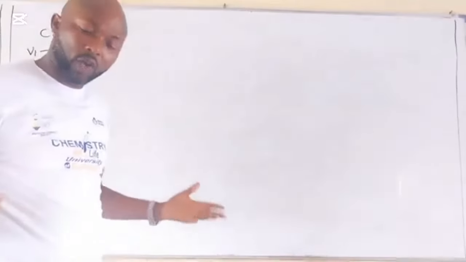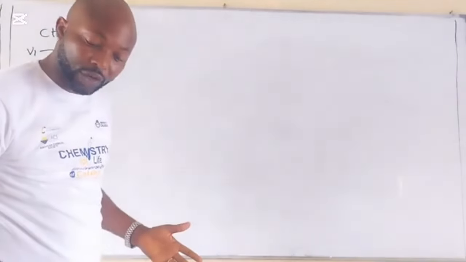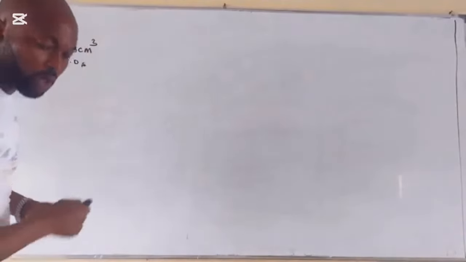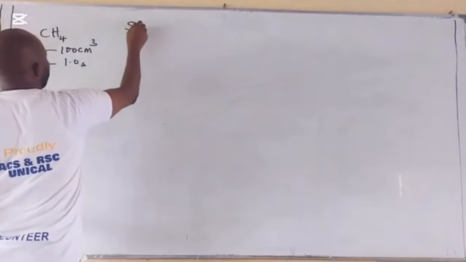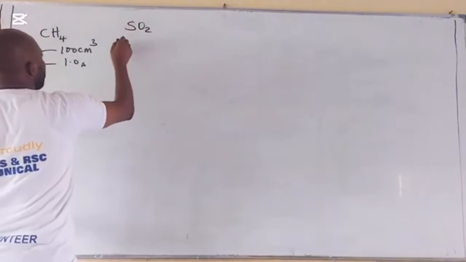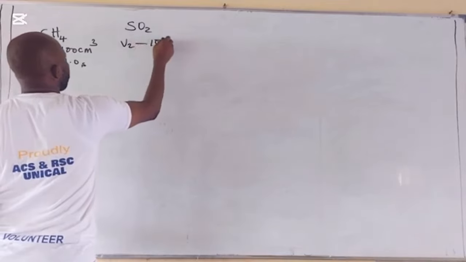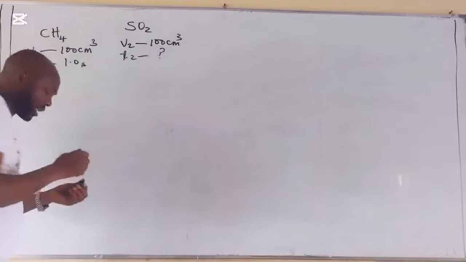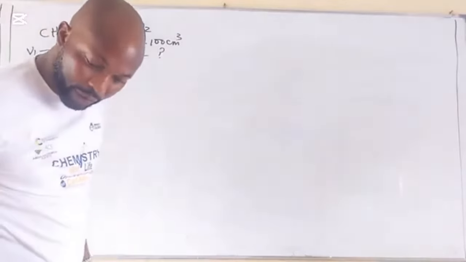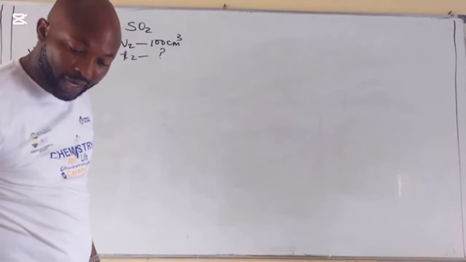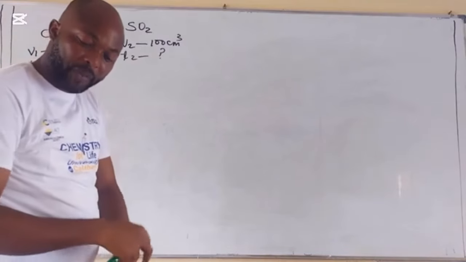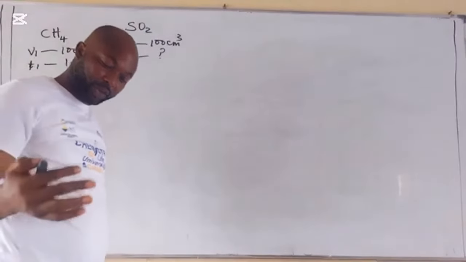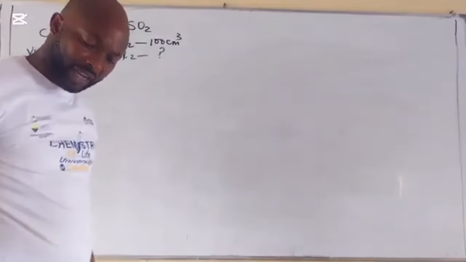How long will it take the same volume of sulfur IV oxide, SO2? So V2 is also 100 cm cube. How long is T2? That's what they're asking us, for the sulfur IV oxide to diffuse through the same pot under the same conditions. They've given us the relative atomic masses: carbon 12, oxygen 16, and sulfur 32.